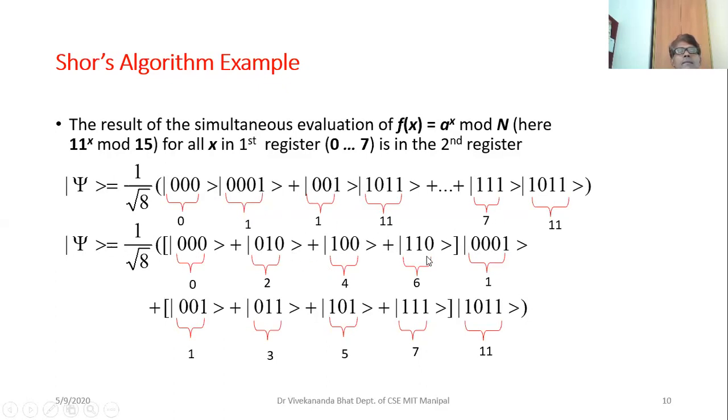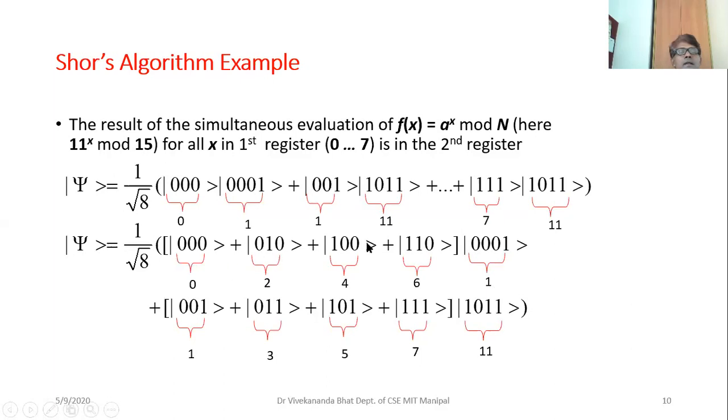Next we are taking the common term of 4 qubits. That will give the same value. So here you have two different 4 qubit values, 1 and 11. So this we are taking as a common factor.